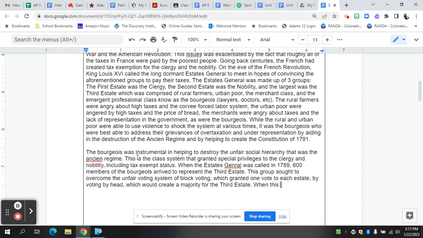When this effort was resisted, the third estate and liberal members of the other two estates, or clergy and nobles of the robe, where I can be specific, why not, right?